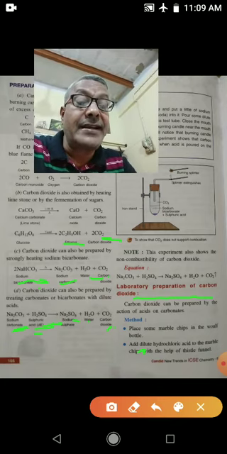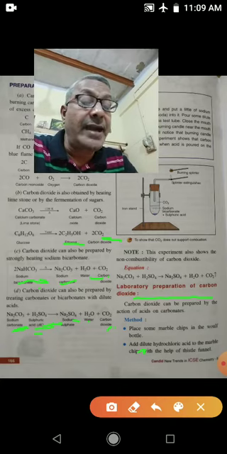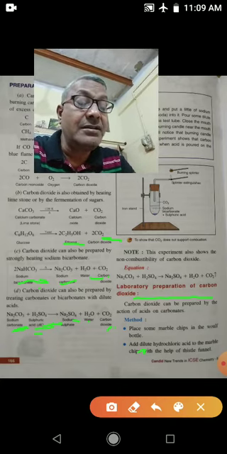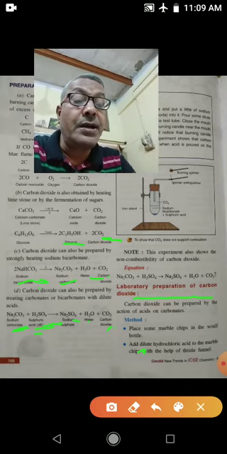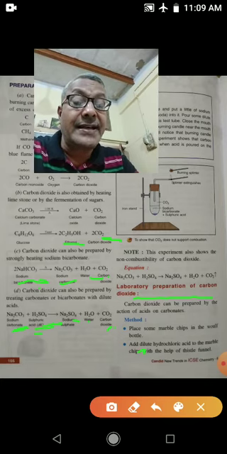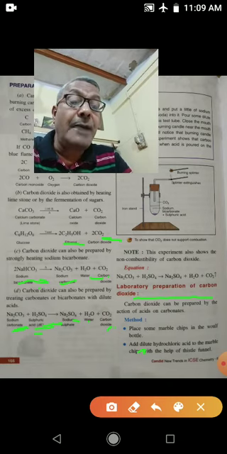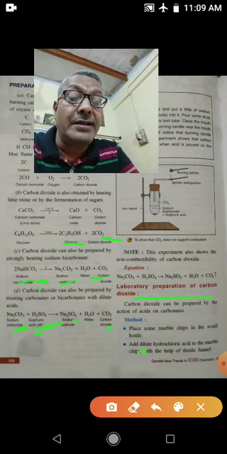Carbon dioxide gas is given out by the delivery tube. It is collected in the gas jar by upward displacement of air. Carbon dioxide gas is heavier than air, therefore it is collected by upward displacement of air.